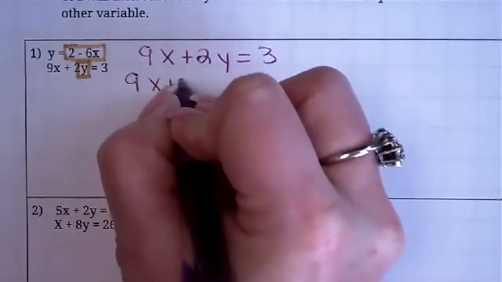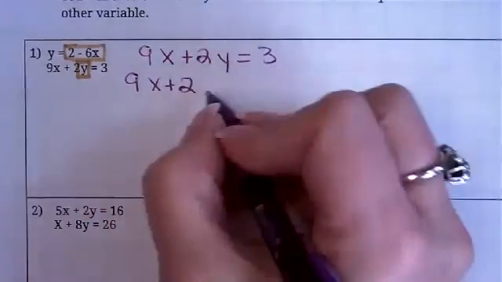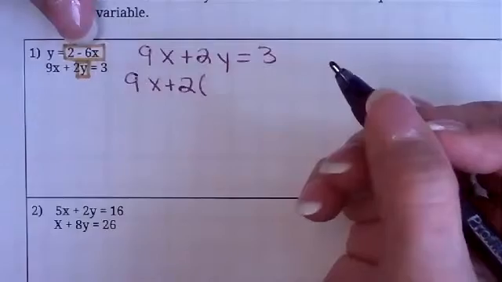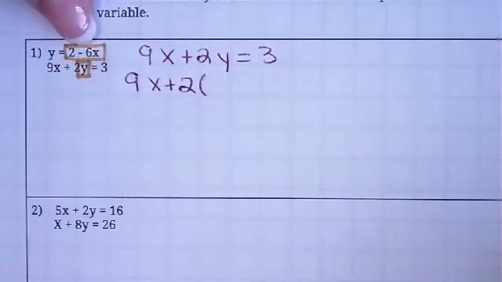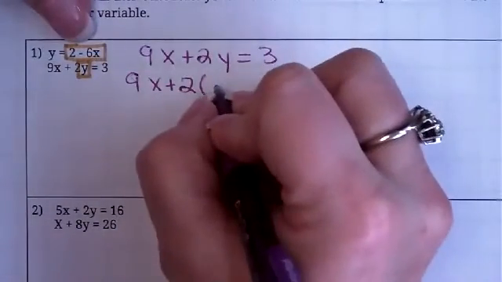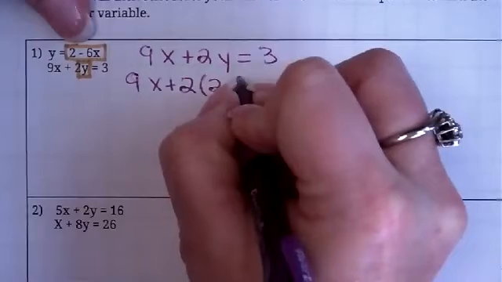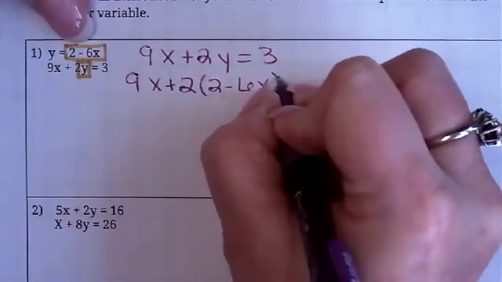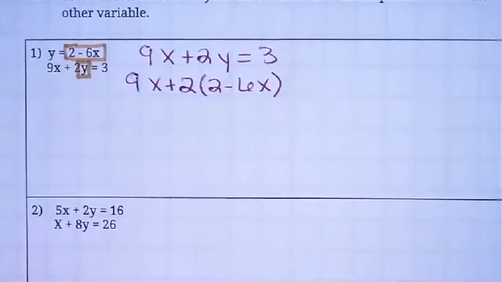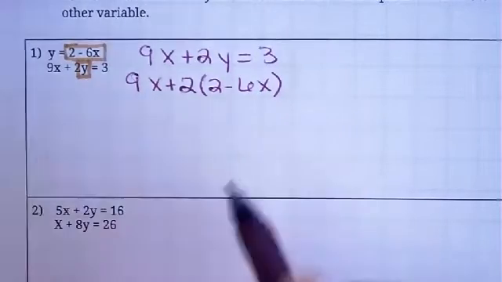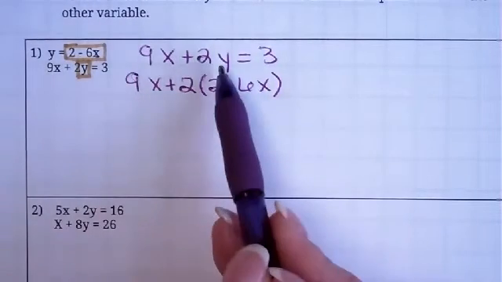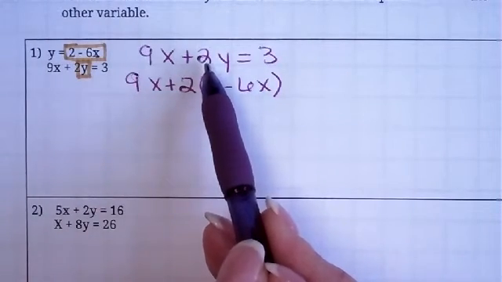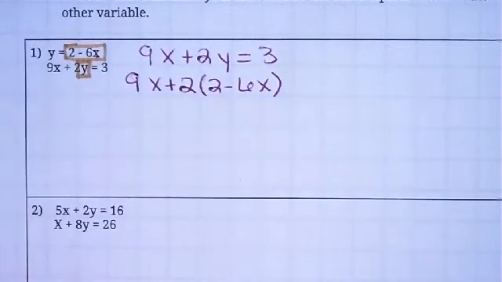9x plus 2 times y. But I know right here where my thumb is bopping up and down that y is 2 minus 6x. Notice I made it look like the distributive property because everything that's part of the y over here has to be multiplied by the 2 that's in that equation, okay?